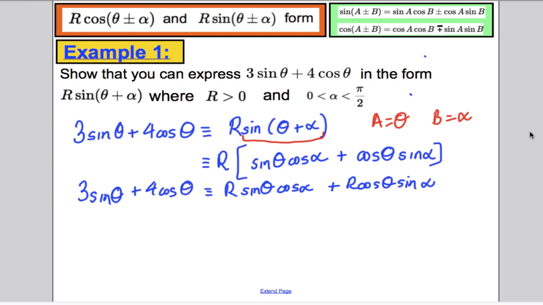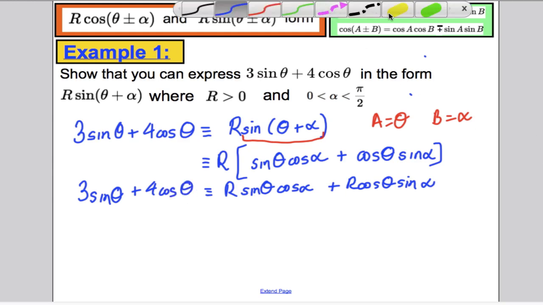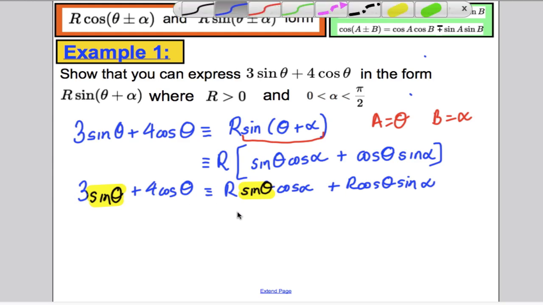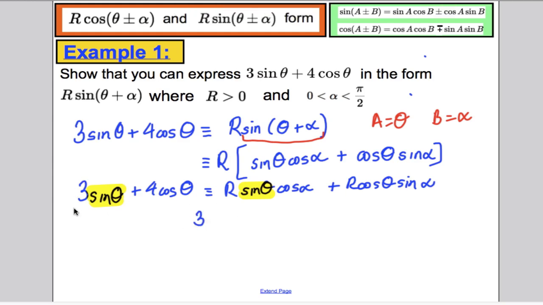So what can we do now? Well, we could be very clever and we could notice the following. I've got sin theta here, and I have a sin theta this side. To make sure both sides of this identity have the same number of sin thetas, it would have to be true that 3, that's how many sin thetas we've got on the left hand side, was equal to r cos alpha. If that was true, we'd have the right number of sin thetas.